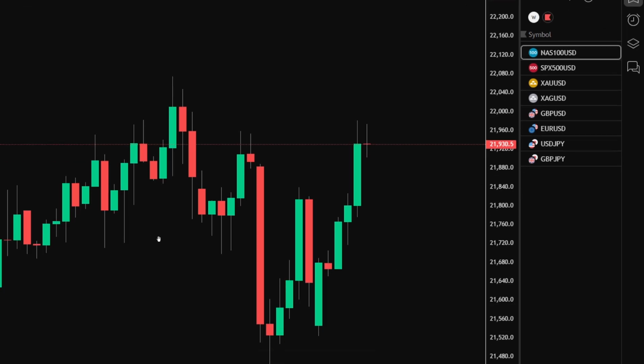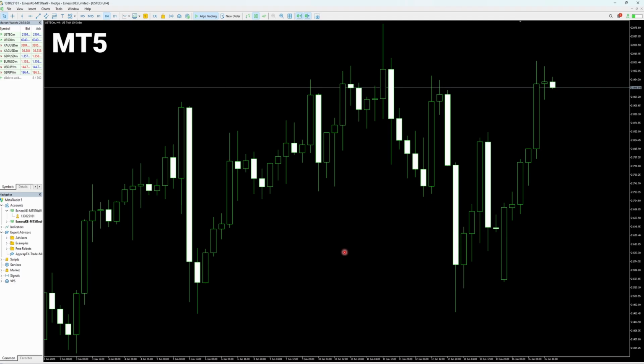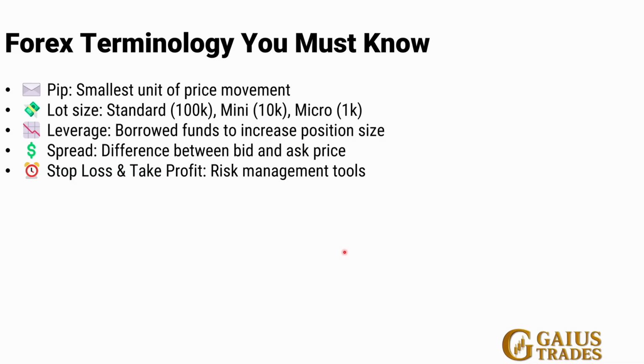Okay? Let us go back. All right. So, lot size. What is the lot size? A lot size is the amount of money you are willing to risk per trade. So there is a standard lot size which is 100k, there is mini which is 10k, there is micro which is 1k.